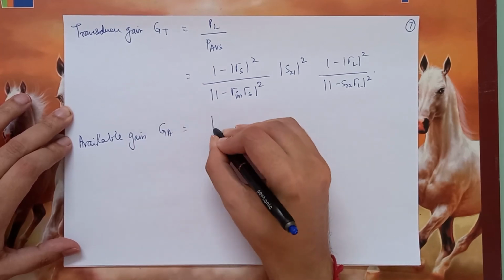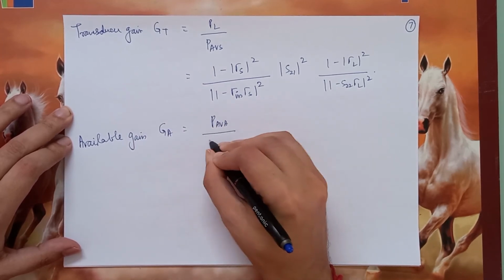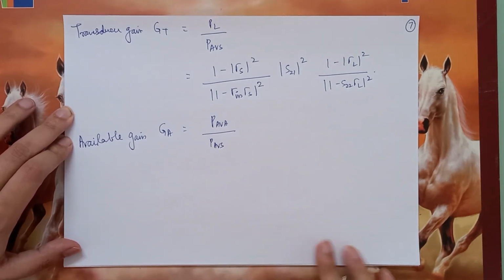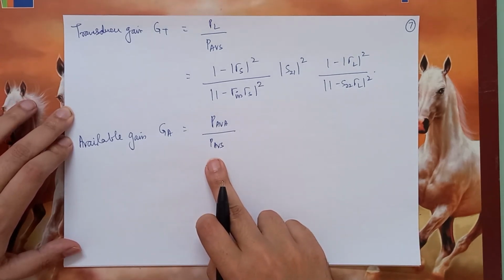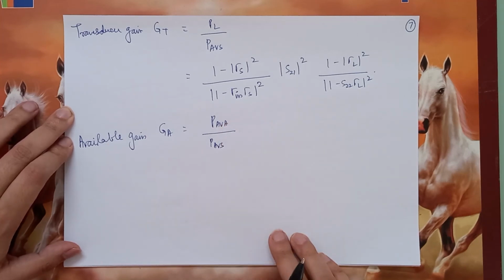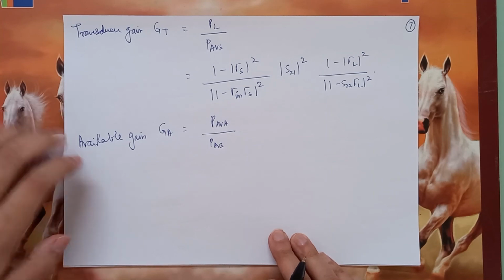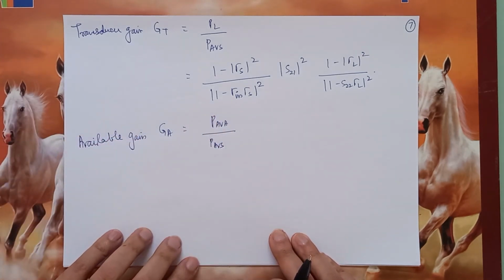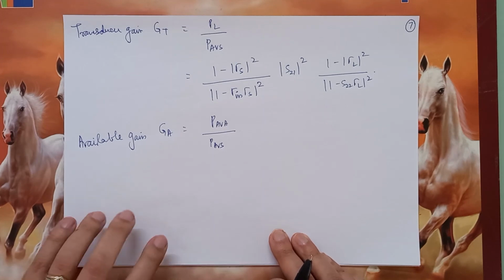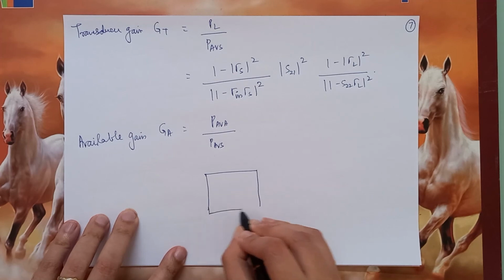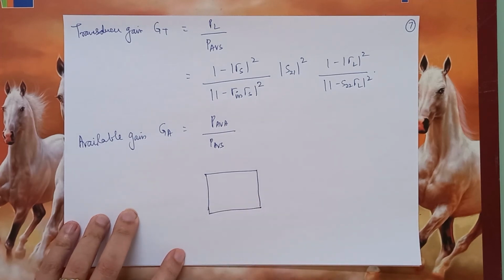GA, that we have defined as PAVA divided by PAVS. PAVS we know, we have defined it just a while back. PAVA is the maximum power that is available from the amplifier. So now it is very similar to PAVS, except it is now on the output side.